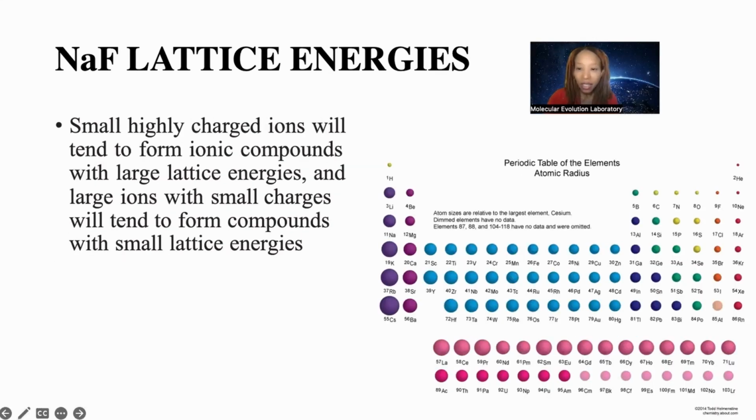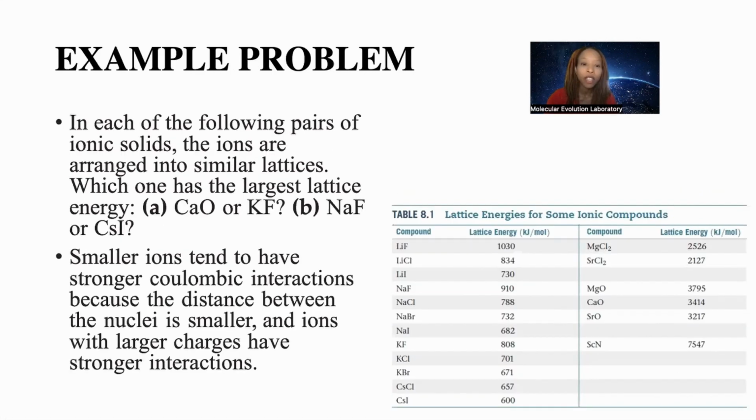So if the ion is small and highly charged, it will tend to form ionic compounds with large lattice energies. If the ion is large with small charge, it will tend to form compounds with small lattice energy. So in the following pairs of ionic solids, the ions are arranged into similar lattices.